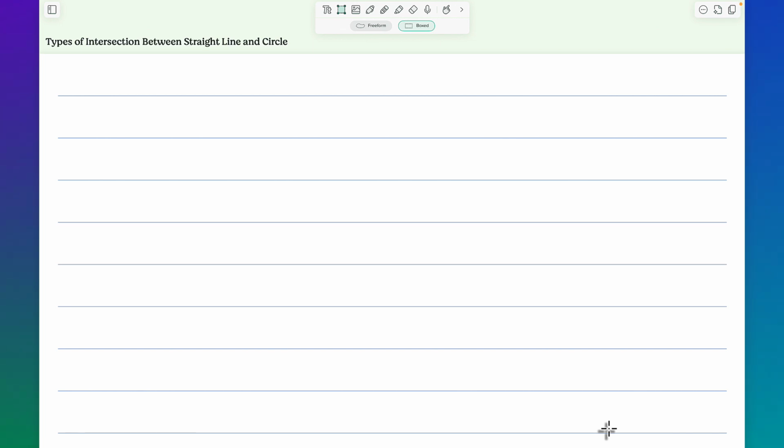Now, when you're talking about point of intersection, in our previous videos we emphasized that we have to solve for those two functions simultaneously. In this case, you have two functions. The function for the circle follows the equation (x - x1)^2 + (y - y1)^2 = r^2.